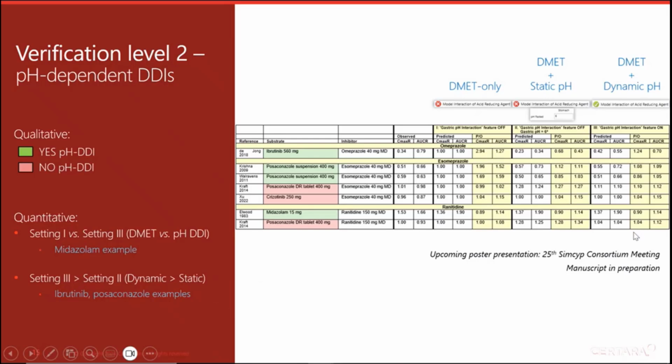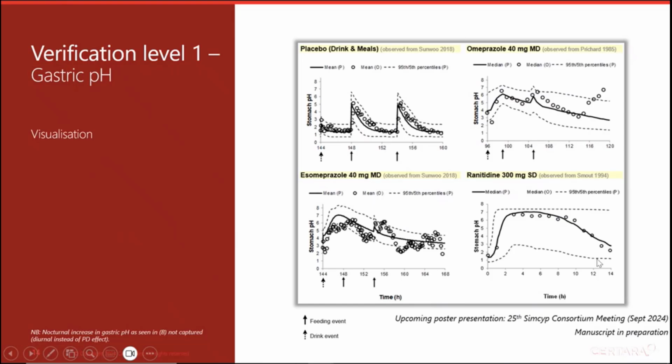And not only that, it was also better in terms of the ability to predict the presence and absence of an interaction. And I think it would be particularly important if you're going to assess staggered administration as a mitigation strategy, because if you don't have the dynamic pH profile, it really doesn't matter when you dose your compound.